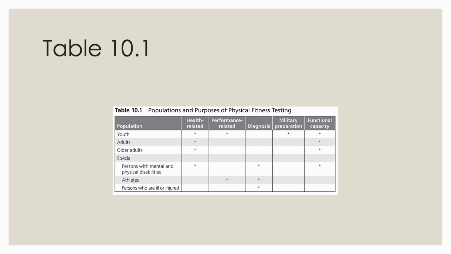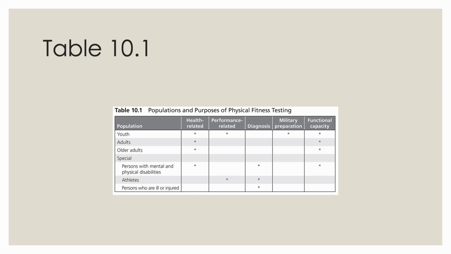If we look at Table 10.1, this shows us the populations and purpose of physical fitness testing. Remember, those were the 2 questions or factors that we needed to answer on the previous slide. This table shows the relationship between health-related fitness, performance-related fitness, and functional fitness, as well as impairment. So if we look in the first column, health-related fitness, that is our objective.